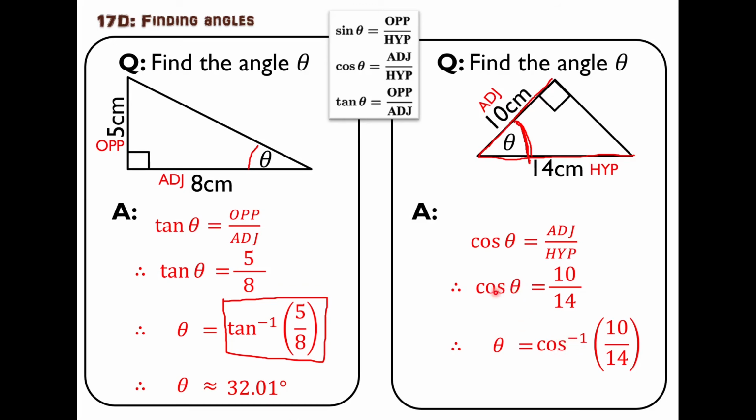That means the only thing that's remaining on the left-hand side is this theta here. The equals we copy down, and this we copy down. The reason I put it in brackets is just to show that we are taking the inverse cosine of this whole fraction here.